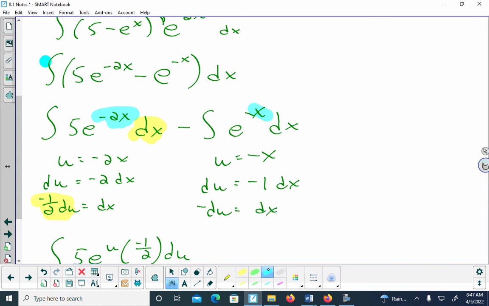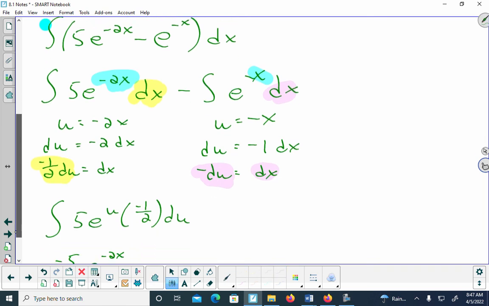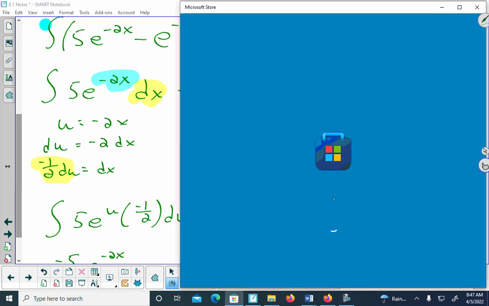So when I go to do that, the dx is going to be this negative du. So now when I go to write that, this is minus, and then I'm going to do negative 1 e to negative x. I should have left it as a u. Let me leave it as a u, e to the u du.